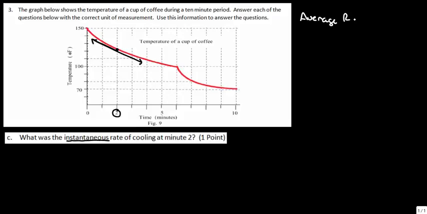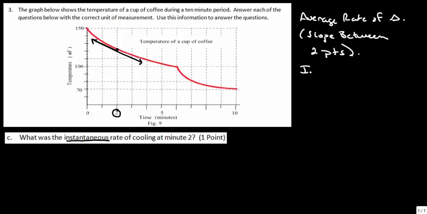An average rate of change is between 2 points. So that is the slope between 2 points.